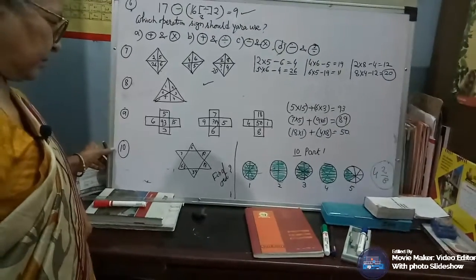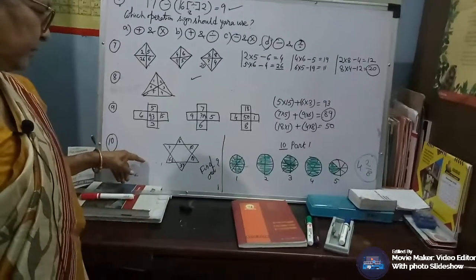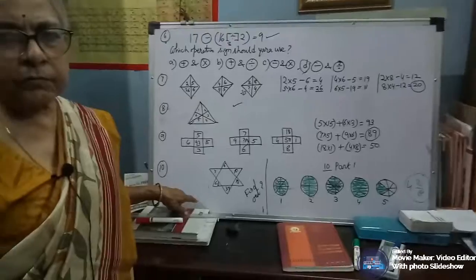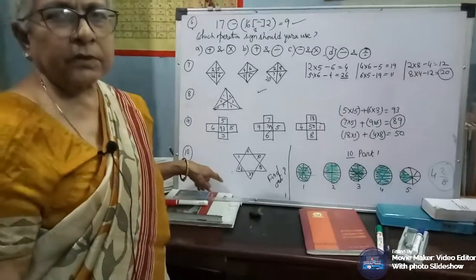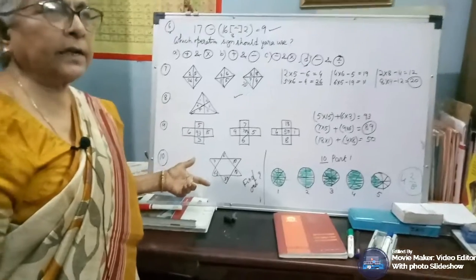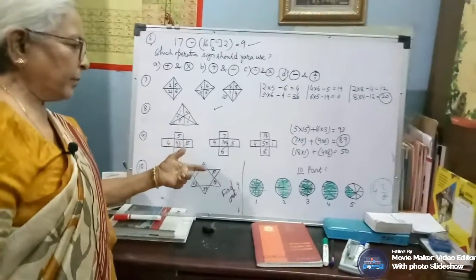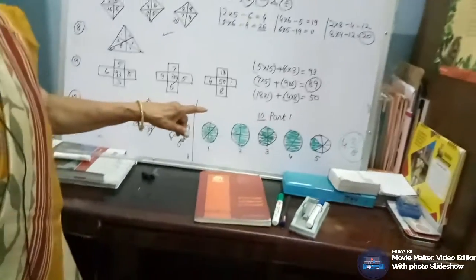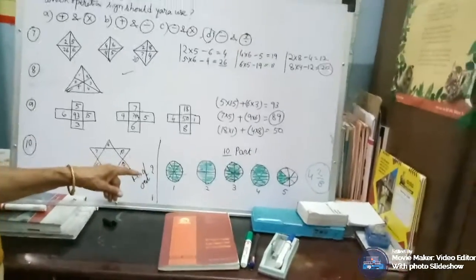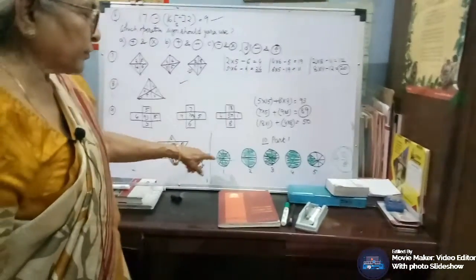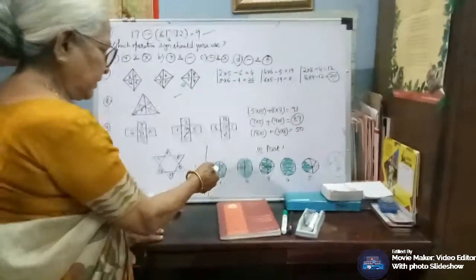Question number 10. Here is the question, but I am not going to solve it. This you have to solve it and find out the answer. This answer you will get in the next video. And previous part 1, 10th question, which answer I have not given, that now I am showing the question also and answer also.